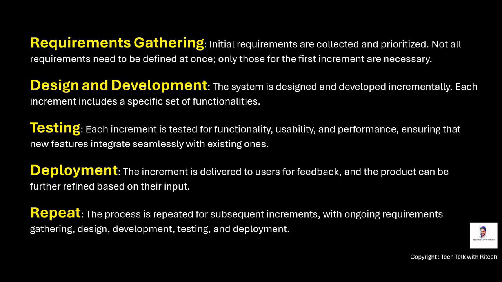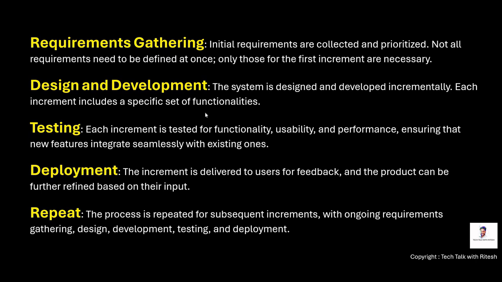So we need to collect not only the functional requirements, but also understand which functionalities have more priority than others, so that those can be planned in the first iteration, and so on. Not all requirements need to be defined at once. Only those for the first increment are necessary, because eventually we are going to get feedback from the client after the first iteration, and those can be combined with the second or third iteration.